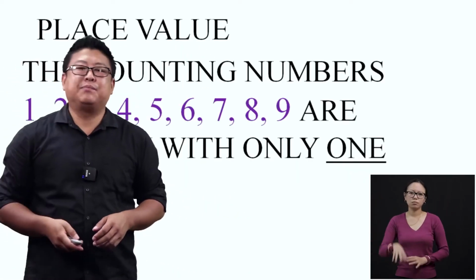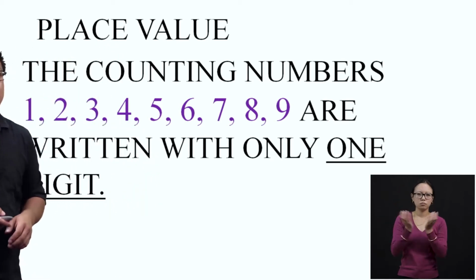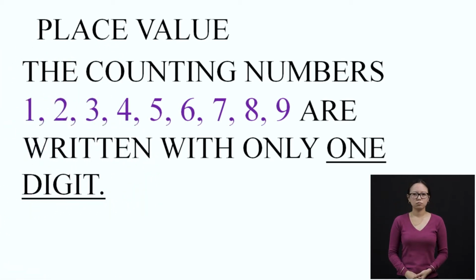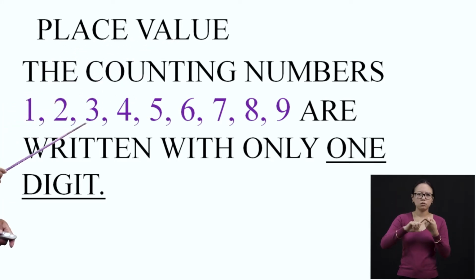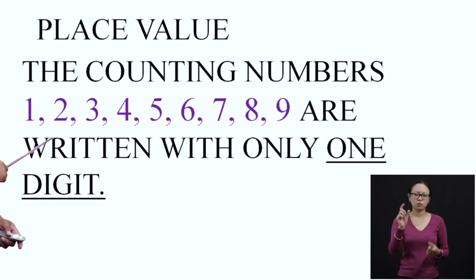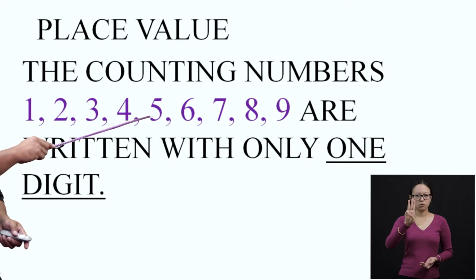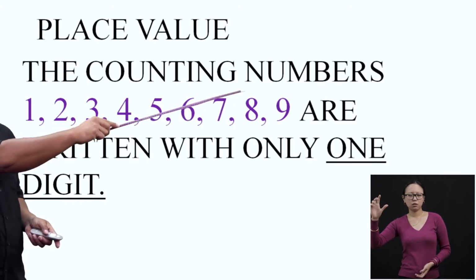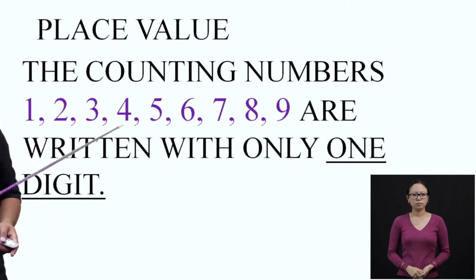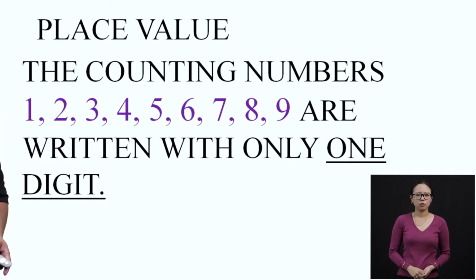Now, let's begin with our class today. First thing we have to understand is place value. Place value. All right. The counting numbers 1, 2, 3, 4, 5, 6, 7, 8, 9 are written with only one digit.